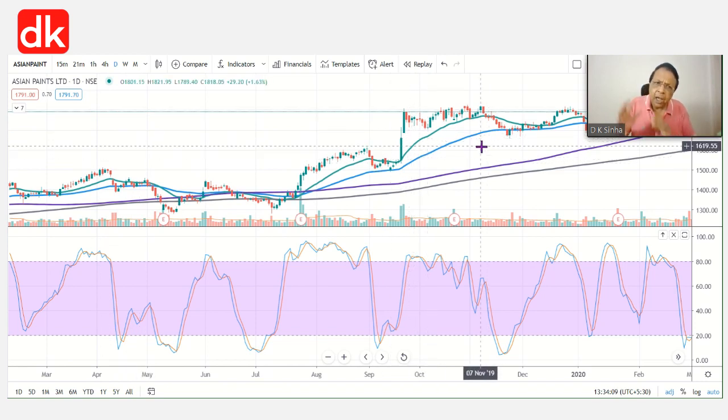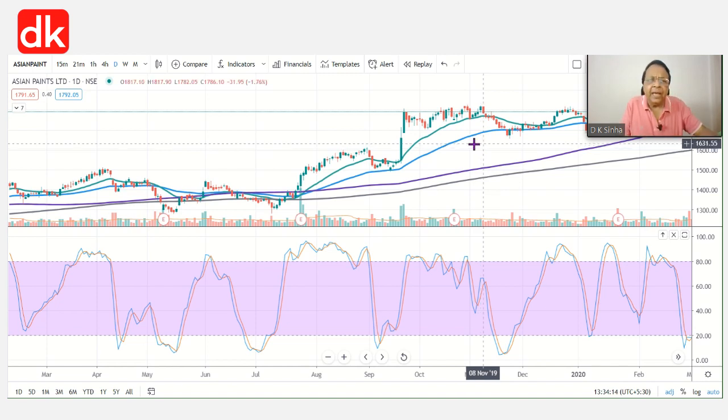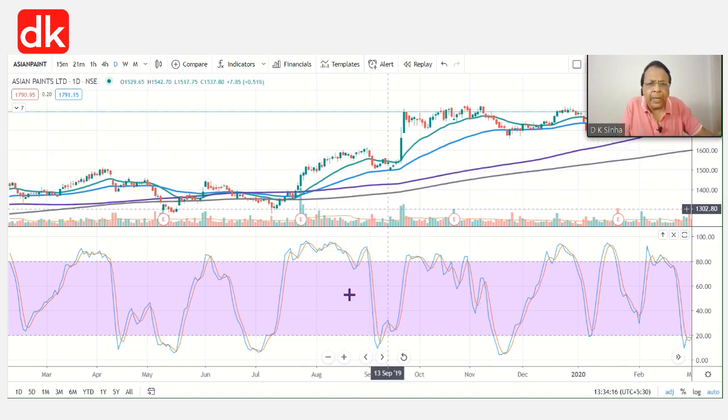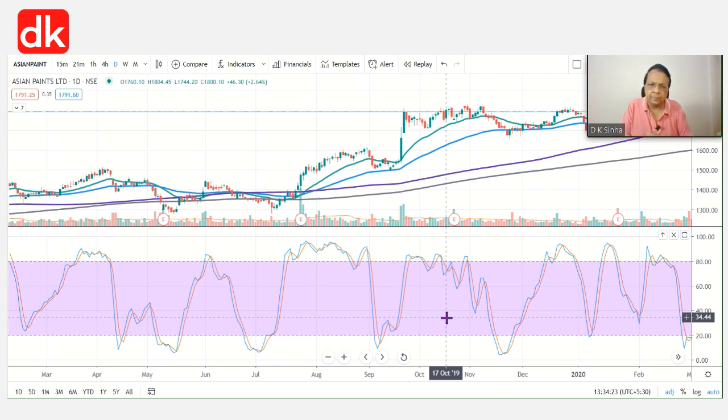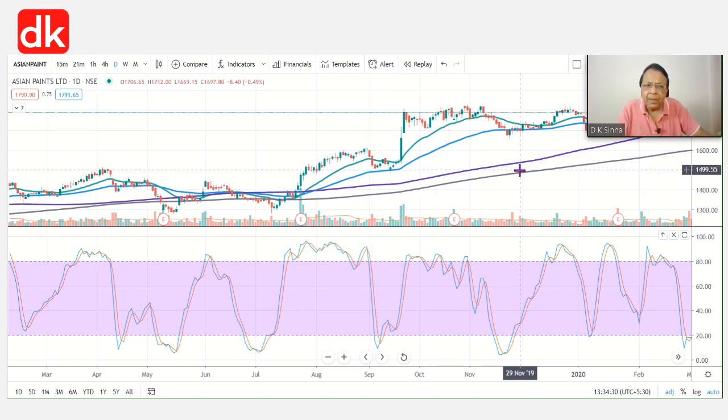What I am trying to say, a price action analysis when combined with the stochastic, and if at this point of time during correction it has come down to the oversold area and shown a bullish crossover. At the same time, in price you see a bounce back from the key support area. It's relevant. It may help us to enhance the accuracy of technical analysis and a better trading decisions.